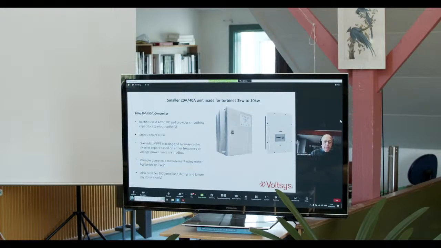We also provide a DC dump load. The board has a backup power logic that simply works a DC dump load during a power cut.